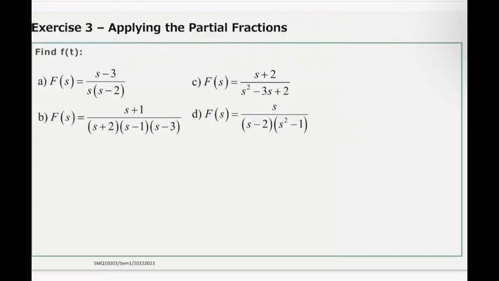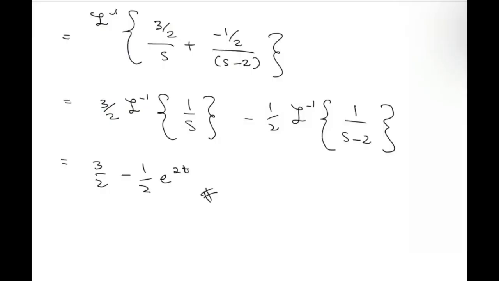Alright, let's see a more complicated question. Let's try question number C. Let's try to do this one. Okay, I will use a new page.